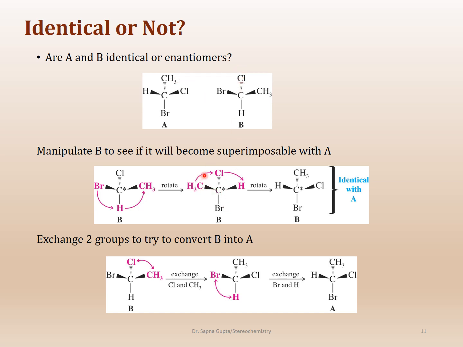And so another rotation and get the CH3 back there. Once the CH3 is back there, the Cl moves here and the hydrogen will move over here. So you do a quick rotation like a fan, and this is what you end up getting. And this molecule looks exactly like A, okay? And so which means that these molecules are identical, okay?